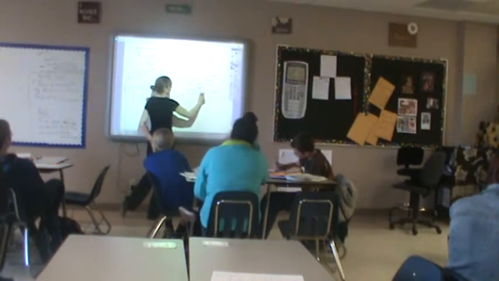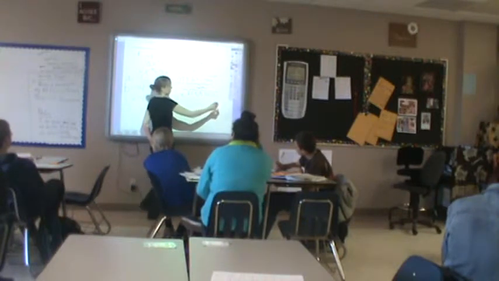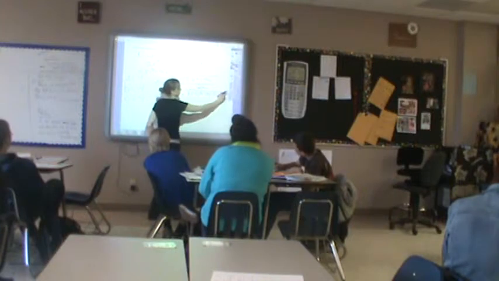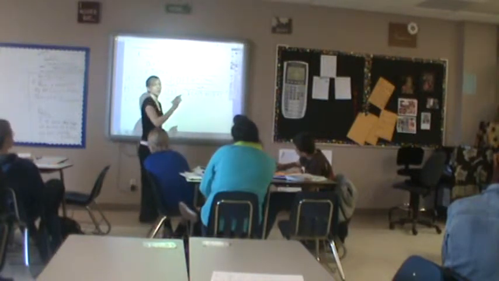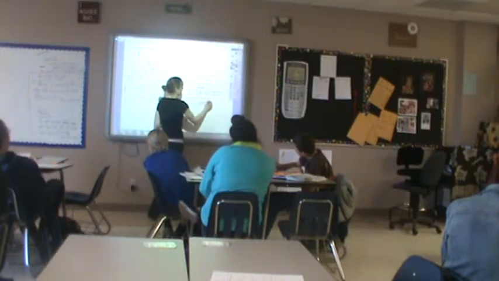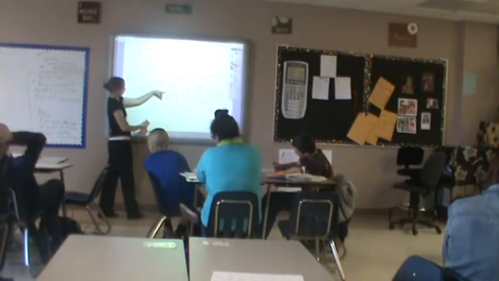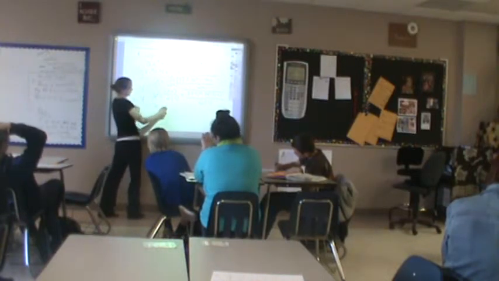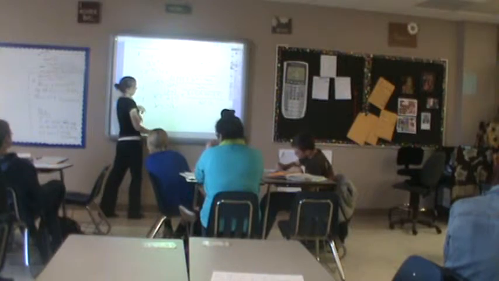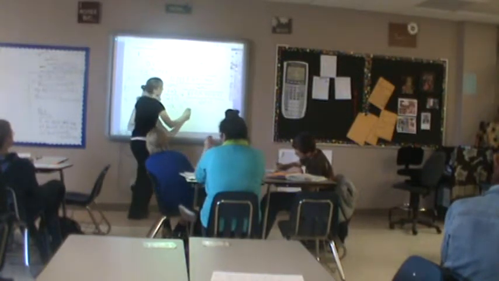Minus 4 times negative 1 times 4 over. We get a negative 2 plus the square root of what?